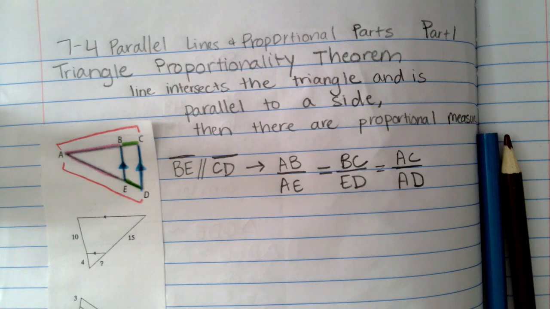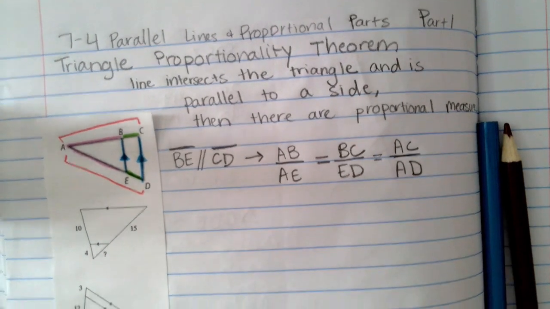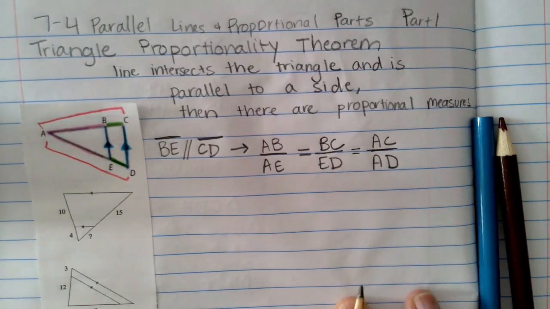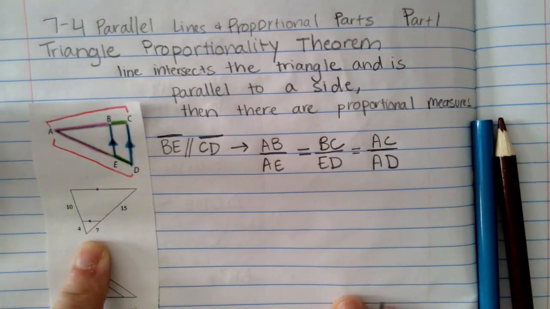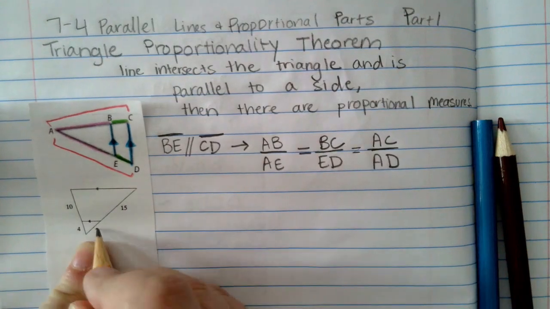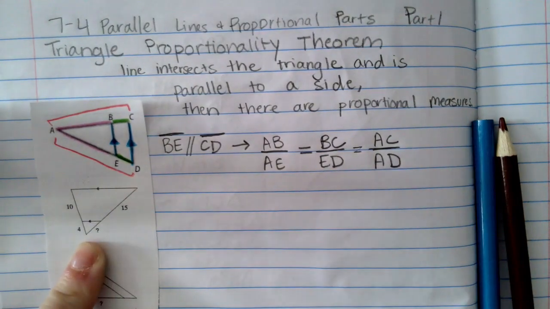Alright, so in this example here, we need to find this missing measure, the question mark. Okay, and remember we always want our variable, or our unknown, to be where in the ratio? Top or bottom?